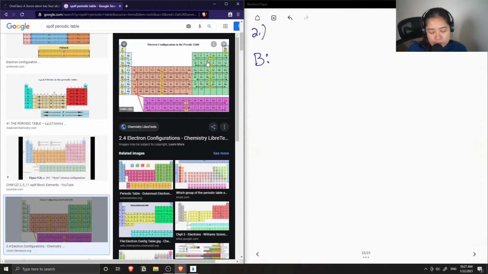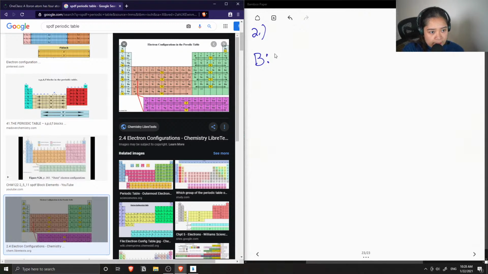And then we just write the row number and then the block letter. And then using superscripts, show how many electrons are in each orbital. So starting from hydrogen, we write 1s2, and then onto the next row is 2s2. And then when we get to the boron, we just write 2p1.